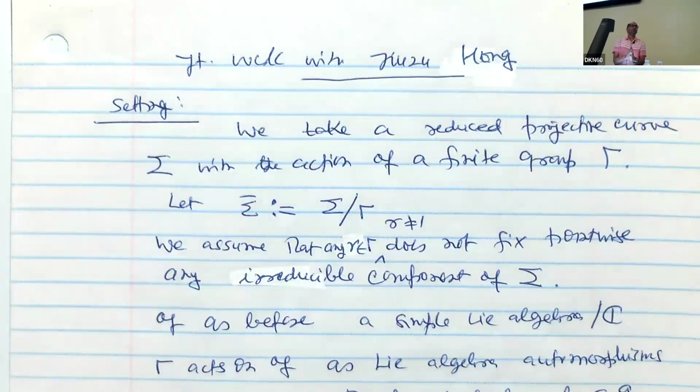Okay. So this was really a prelude to this twisted theory. Now, this is joint work with Jiuzu Hong. And what is the setting? So now we take still a reduced projective curve as we did earlier, a connected reduced projective curve. But now we involve an action of a finite group, which I'm going to call gamma. So we have a finite group gamma acting on this projective curve.